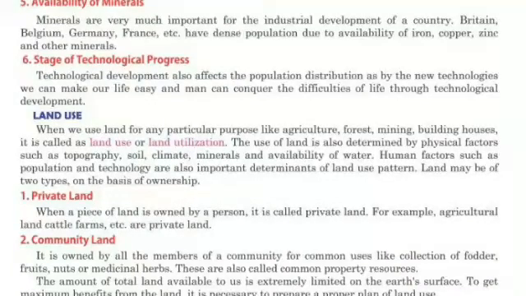Water supply is a prime biological need of human beings. Areas having proper supply of water are densely populated. Therefore, dense population is found in the river valleys.